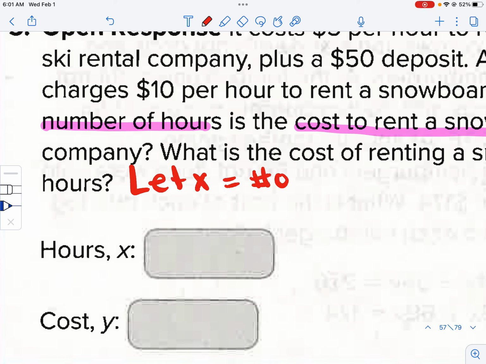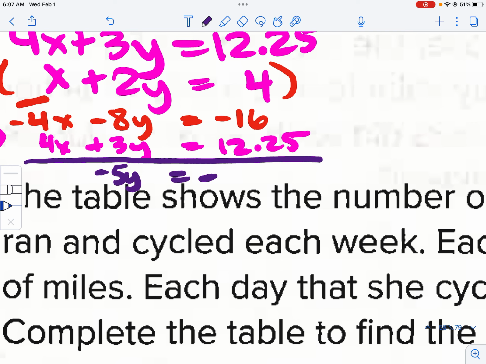Then I'm going to add my two equations together. So this will get me -5y equals, I'm going to borrow here, that's going to be -3.75. All I'm doing is bringing this up here just so that I can finish this problem, because there wasn't a lot of room.